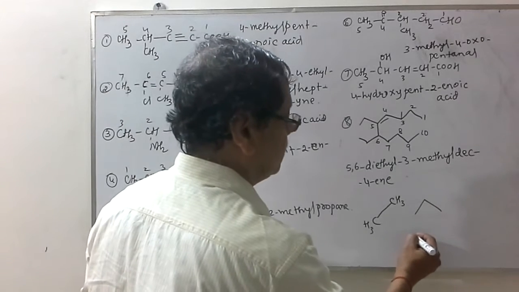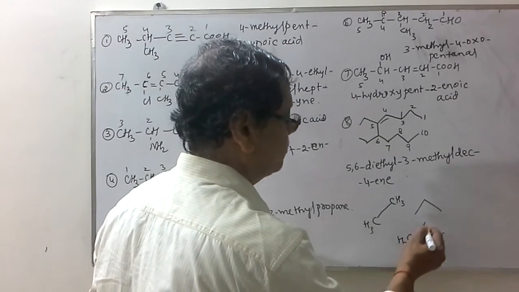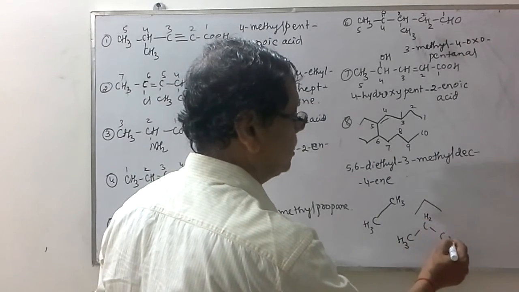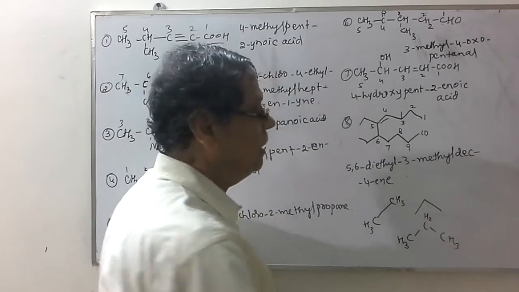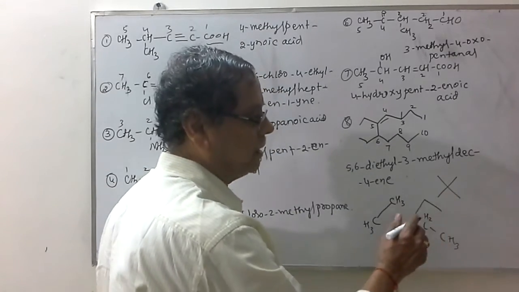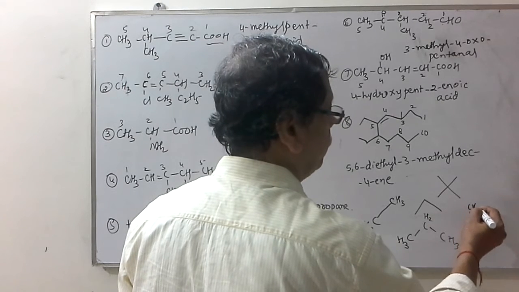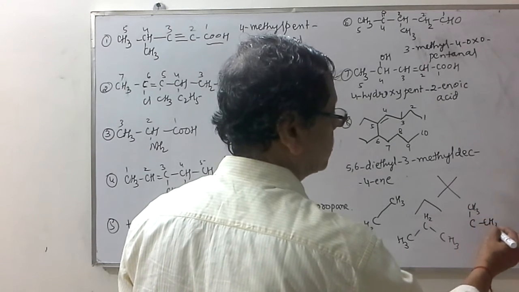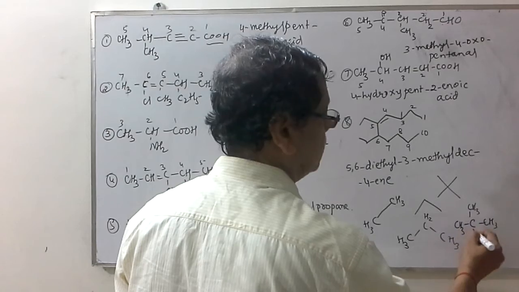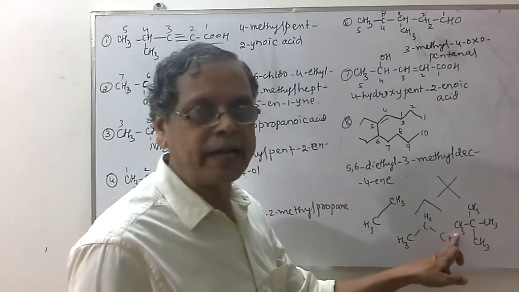This is carbon, carbon, carbon with appropriate number of hydrogen atoms. CH3, CH2, CH3. Similarly, if I write like this, it is not the X mark, it is actually an organic compound. At the center there is a carbon atom with 4 CH3 groups. Like this. So it is actually 2,2-dimethyl propane.